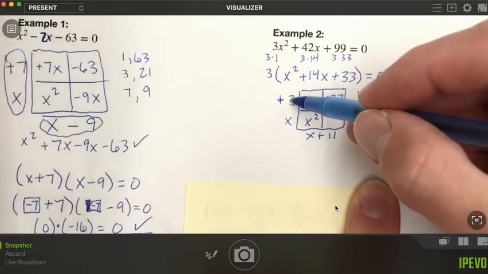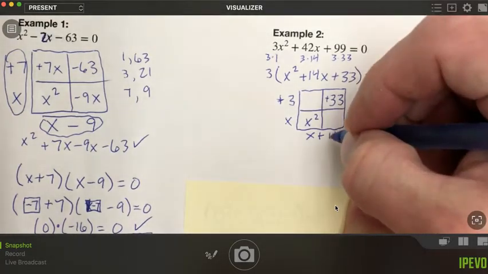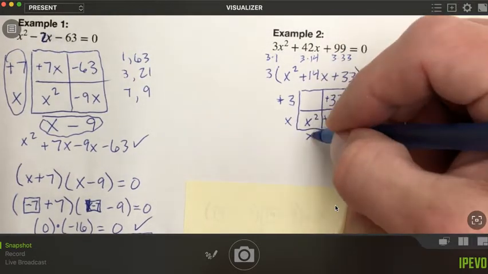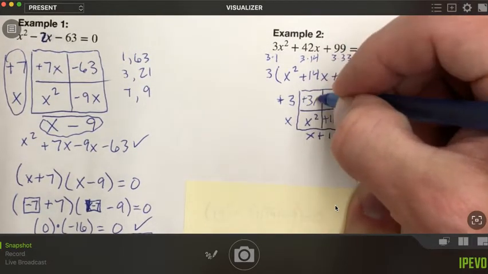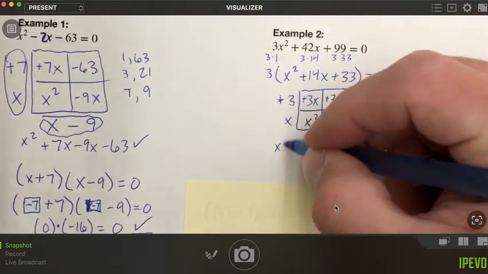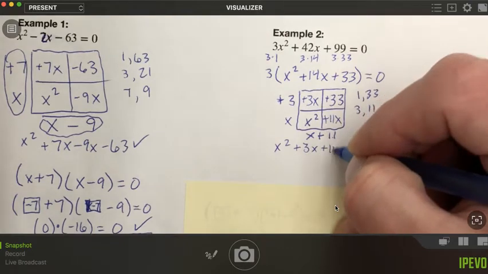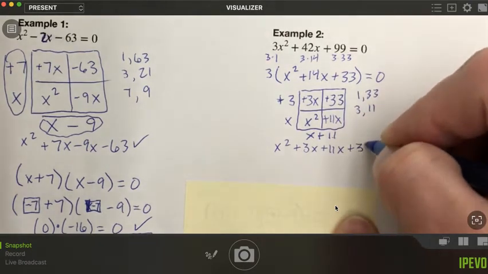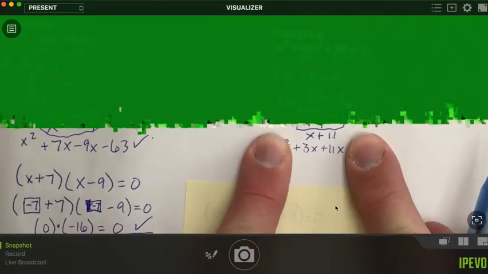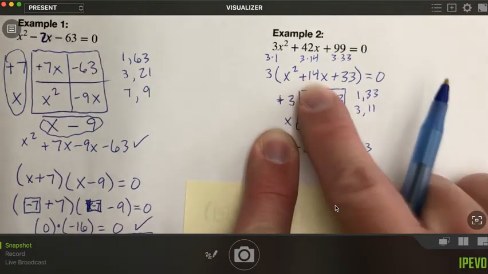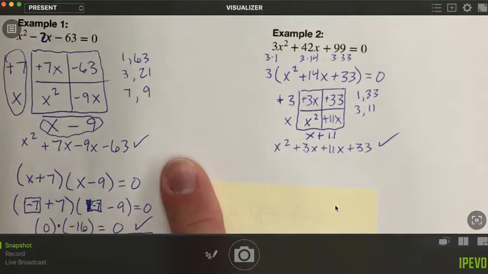So 11 times 3 is 33. That checks out. 11 times x is positive 11x. Positive 3 times x is positive 3x. And we can check it out. Does it work? Sure enough, positive 3x plus 11x will be 14x like we want it to be, so our factoring is good.